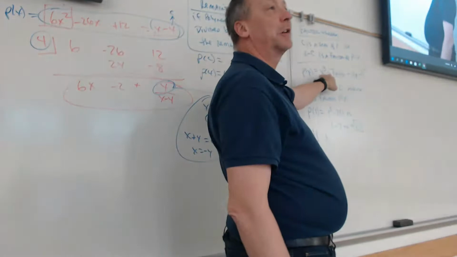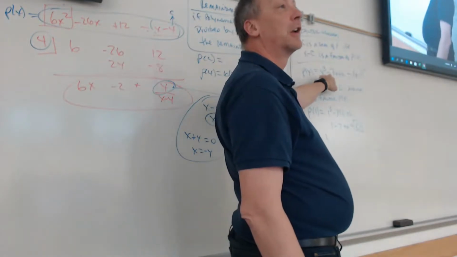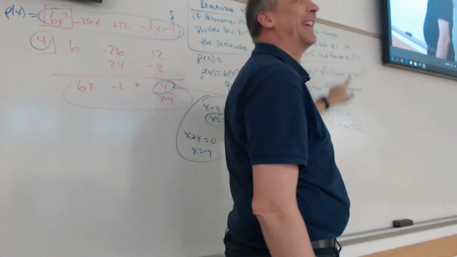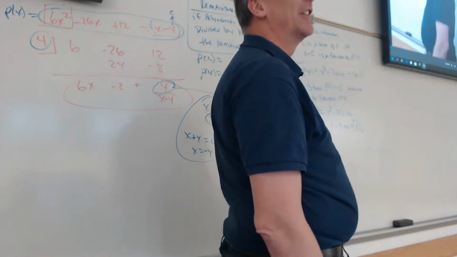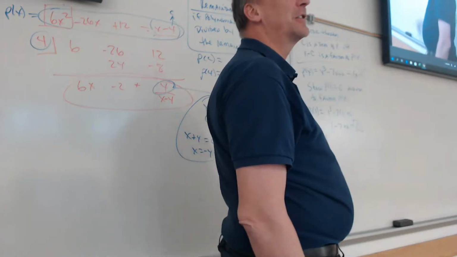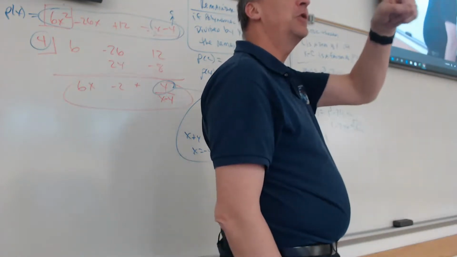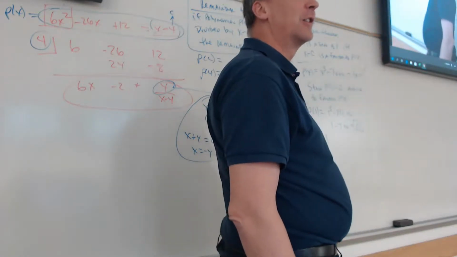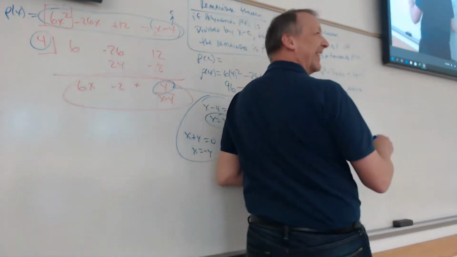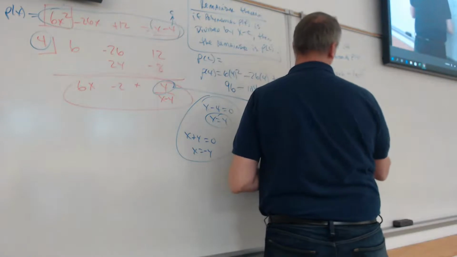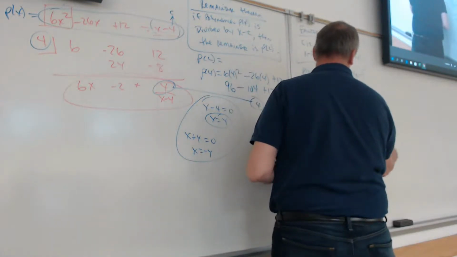What's my x squared term? You didn't put it in as 0. So you got to remember, you promised me you weren't going to forget. Okay, 0. Negative 7. 6. Okay.